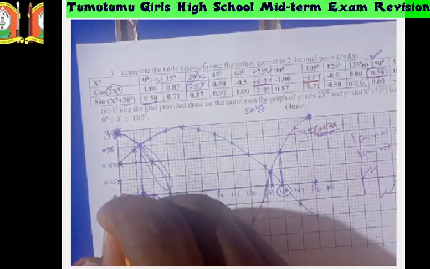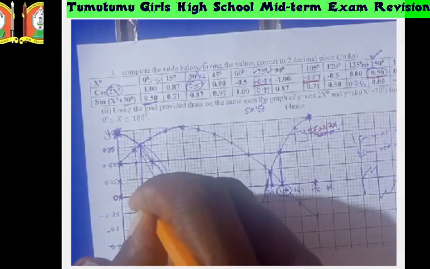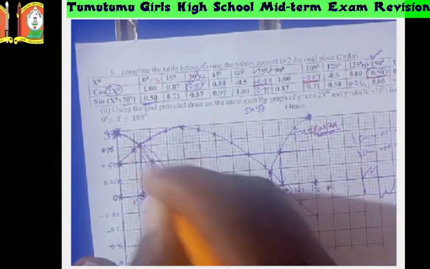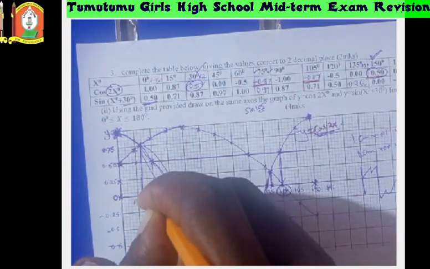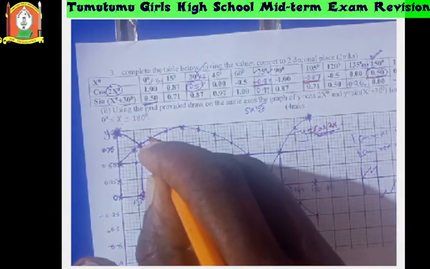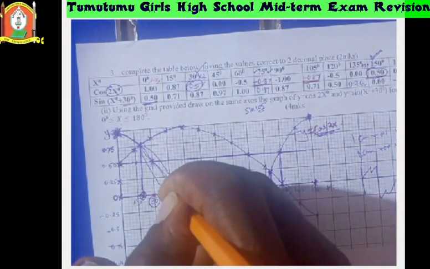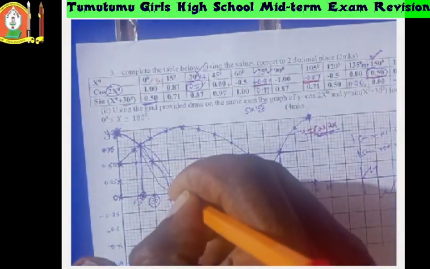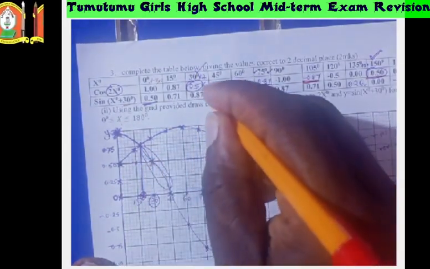We plot 0, 1; 15, 0.87; then 30, 0.5; 45, 0; 60, negative 0.5; 75, negative 0.87; and so on.